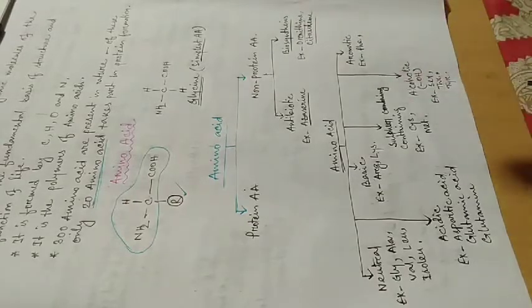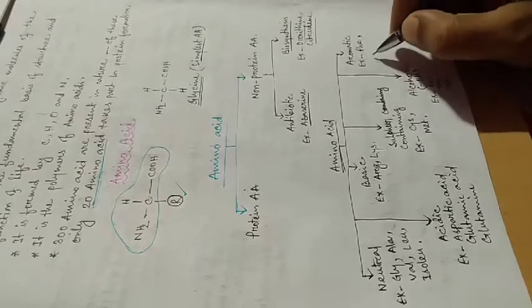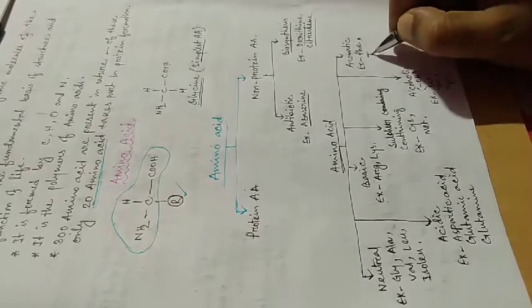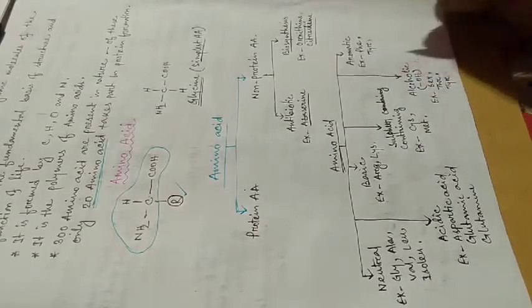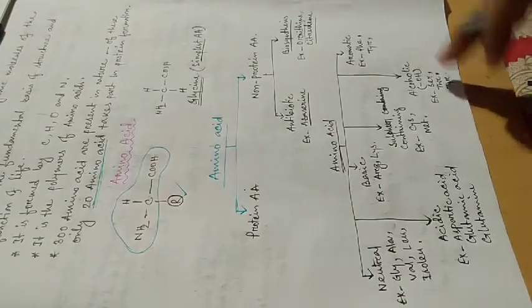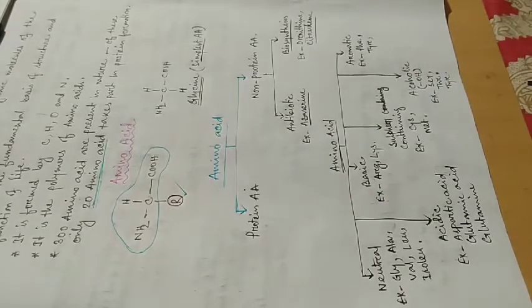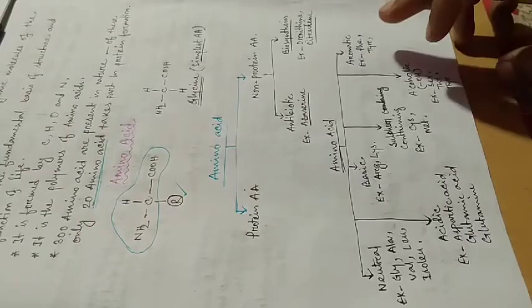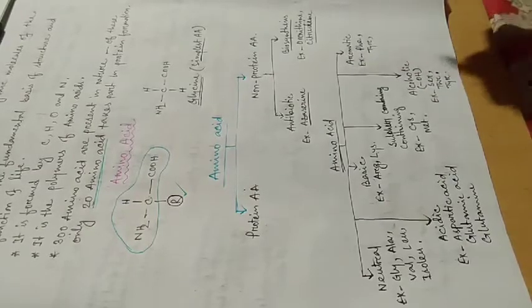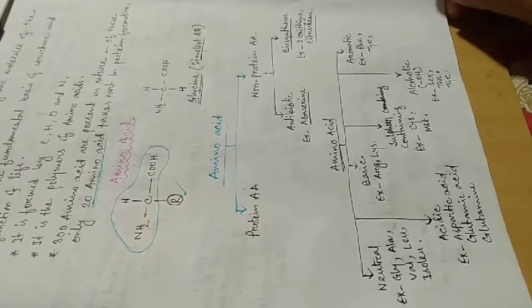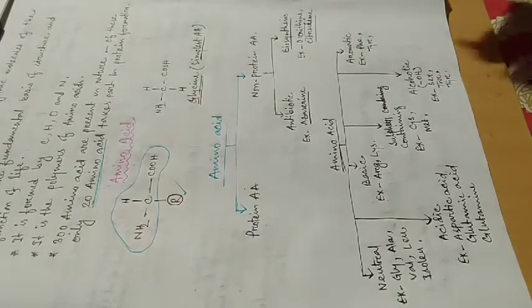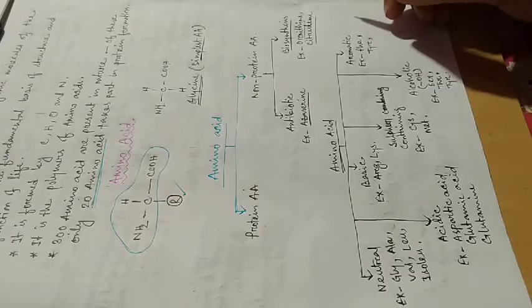Phenylalanine is an aromatic amino acid. Tyrosine also has an alcoholic group and also contains a ring. For that, tyrosine is placed into two groups, alcoholic and also aromatic group. Okay. Then heterocyclic amino acid.